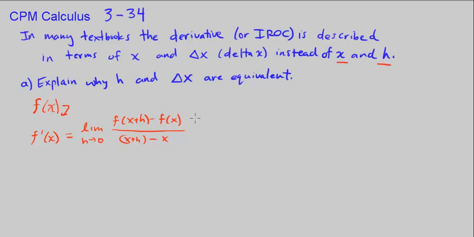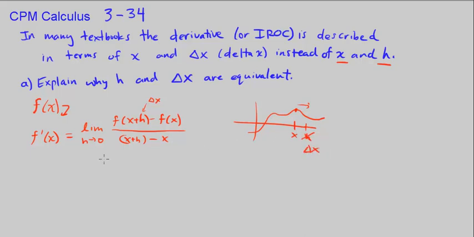Other books, instead of saying h, say, what if you just have delta x there? Here is our curve. Instead of adding h to x to get here, let's just add delta x.